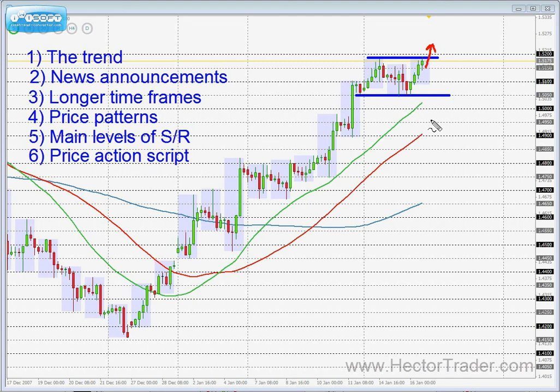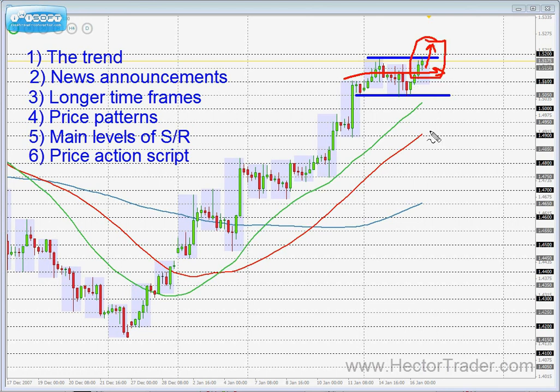I want to see a very particular pattern that I like to trade when it comes to sideways ranges, or rather, the breakout of those sideways ranges. But like I said, that's all explained in detail in chapter number 2. However, what I want to see is a breakout to the upside.